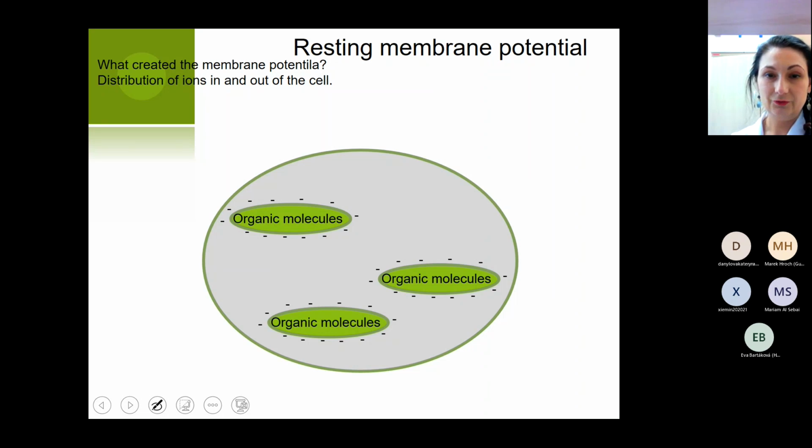If we make an average of the charging of these molecules, the dominant charge of organic molecules is negative. We will simplify it a little bit. It doesn't mean that all organic molecules have only a negative charge. However, just to simplify, consider that the majority of them really do have a negative charge.